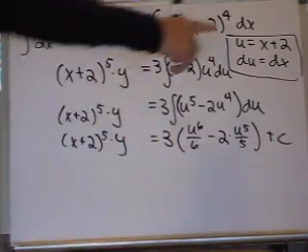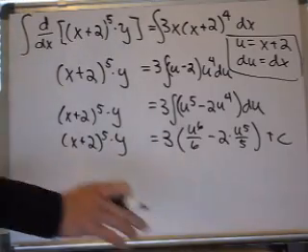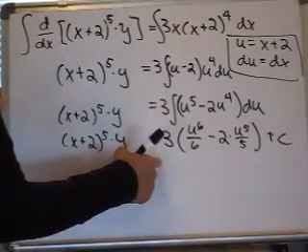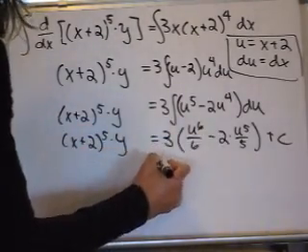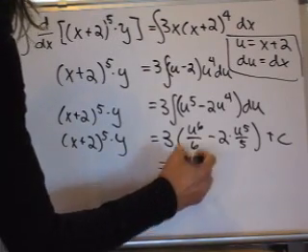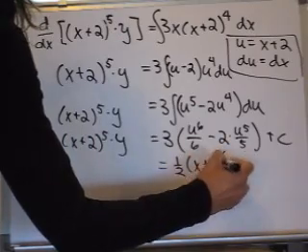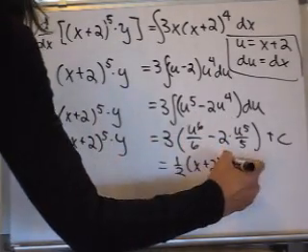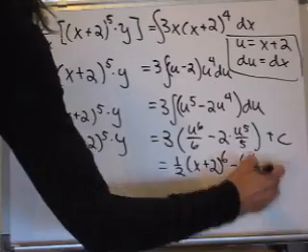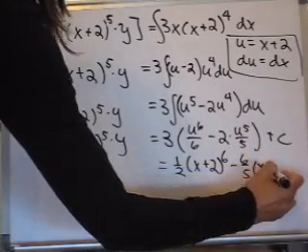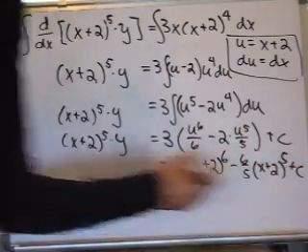And then I need to substitute x plus 2 back in for u. Actually, let me simplify by multiplying through by this 3. I get 1/2, and then u to the 6th is x plus 2 to the 6th power. And then 3 times 2 is 6 over 5. And then u to the 5th is x plus 2 to the 5th plus a constant.